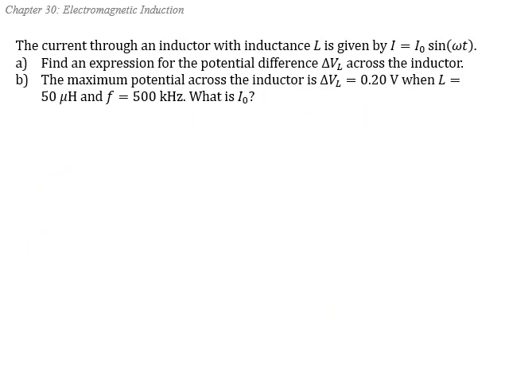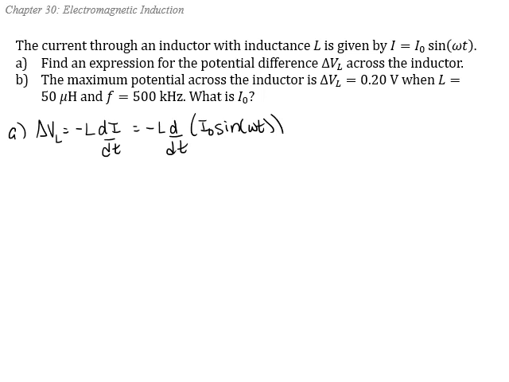The current through an inductor with an inductance L is given by I equals I0 times sine omega t. So our I is a variable. Find an expression for the potential difference across the ends of the inductor, and then do some plug and chug numbers to find our I0. Okay, part A. We remember that delta V across the ends of the inductor is minus L times dI by dt. So we'll fill in our expression for I, d by dt of I0 sine omega t.